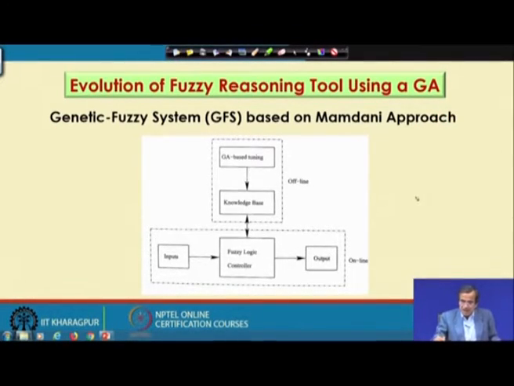Now, let me take one example. Supposing I am going to investigate the technical universities in this universe.